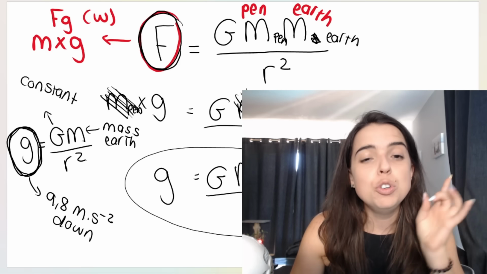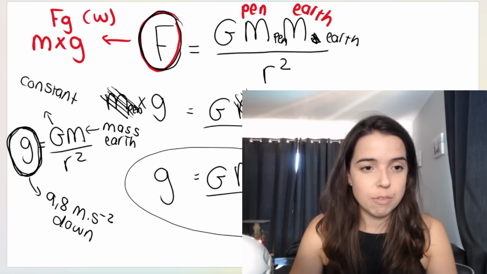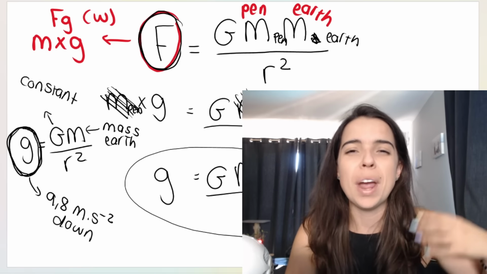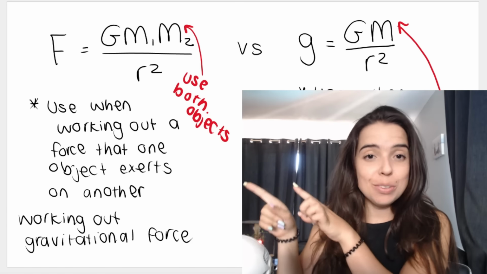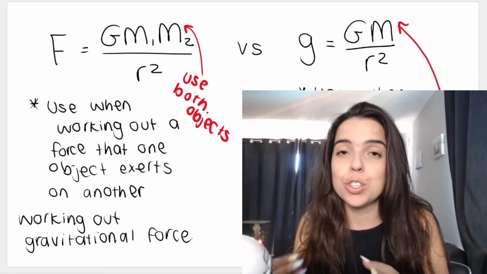Another thing, if you do not understand how I got from the first formula to the second formula, I don't want you to stress. All that I want you to know is when to use which formula. So we will use this formula when we're working out a force that one object exerts on another.